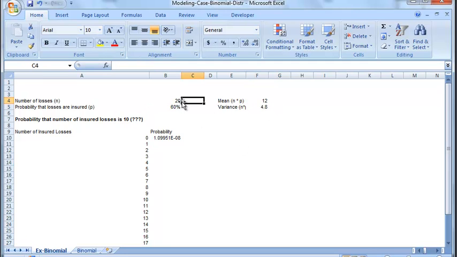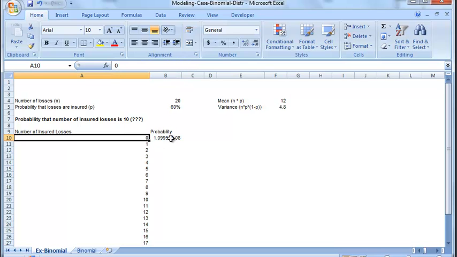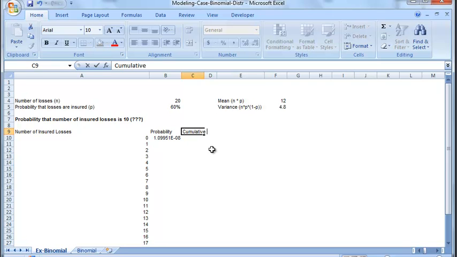So now we know, given a binomial distribution and given parameters n and p, we know how to calculate mean and variance. Over here, we are calculating probability, and then we will calculate cumulative probability.